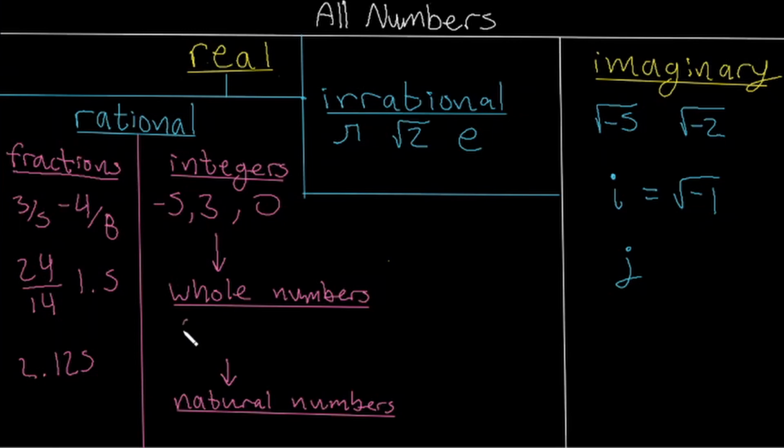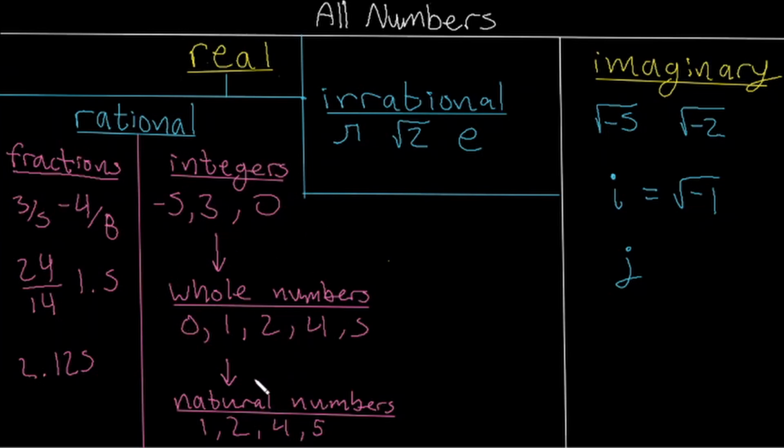Whole numbers are all positive integers and 0. Natural numbers are your counting numbers. They are all whole numbers except 0. All natural numbers are whole numbers, and all whole numbers are integers.